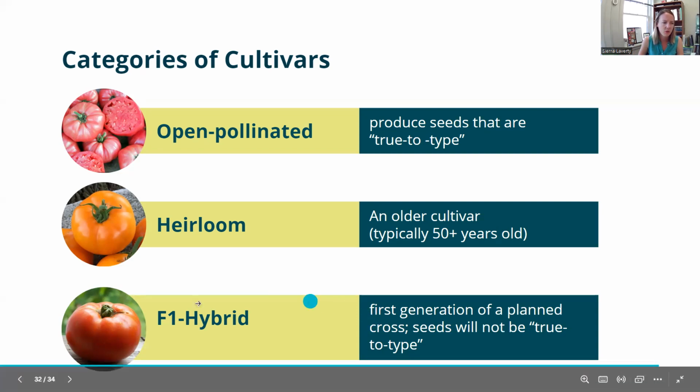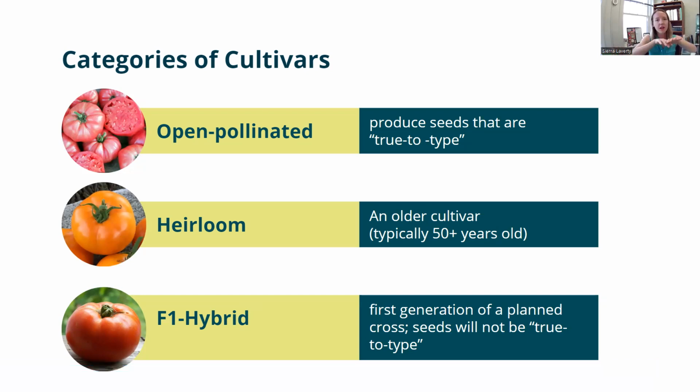And what this really means here, so this is a hybrid, that's a planned cross between two different genotypes. That's what a hybrid is. So two different genotypes, smash them together. There you go, that's a hybrid.